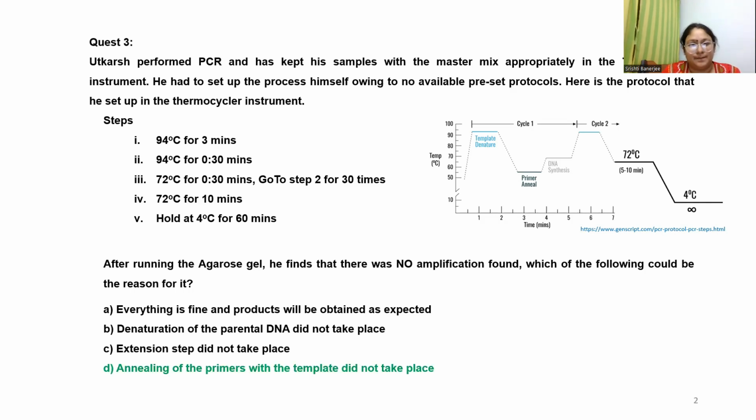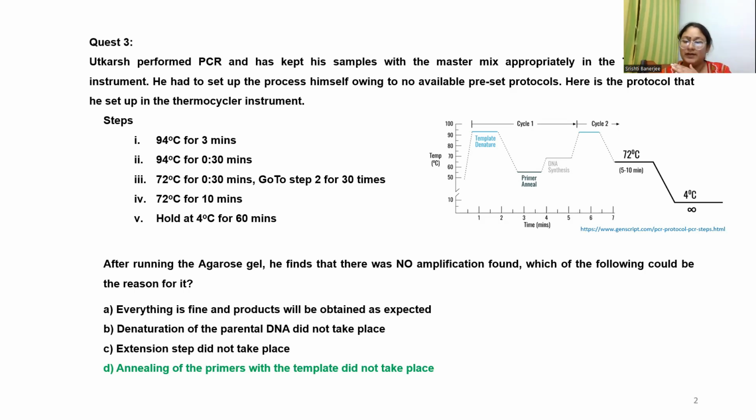Annealing step. The annealing step was not properly performed. If you see the temperature here, the temperature did not go down. It was 72 degrees, like this one. But the annealing should happen below 60 degrees. Otherwise, the primers, which are complementary, will not bind. They have an ideal temperature, like 50 to 60, till which they can bind. But if you increase the temperature beyond that, they will not bind complementarily.